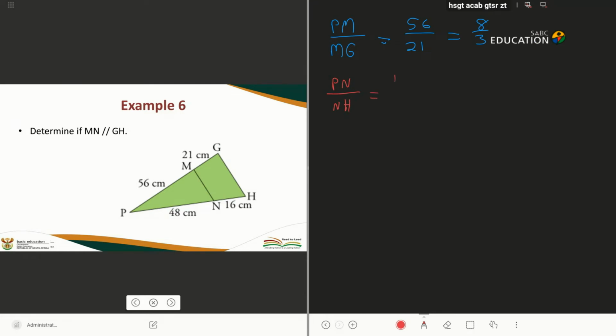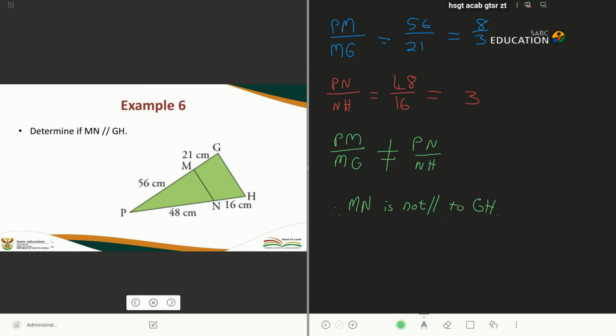So I have 48 divided by 16. So again, 48 divided by 16 on my calculator gives me a value of 3. So your conclusion is that the ratio PM divided by MG is not equal to PN divided by NH. So therefore, MN is not parallel to GH.